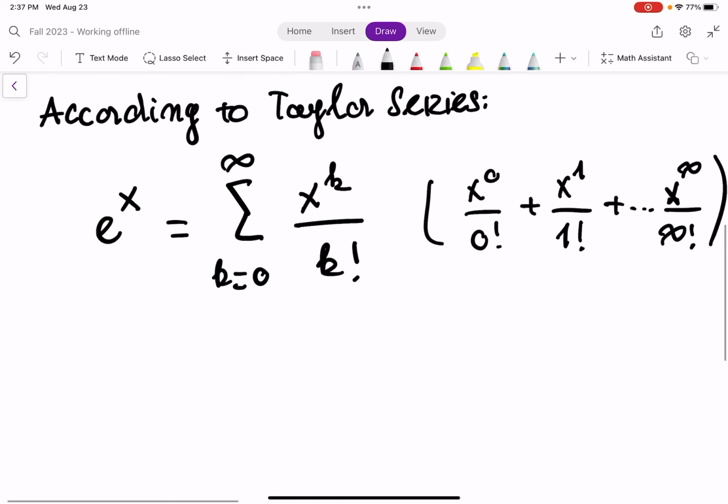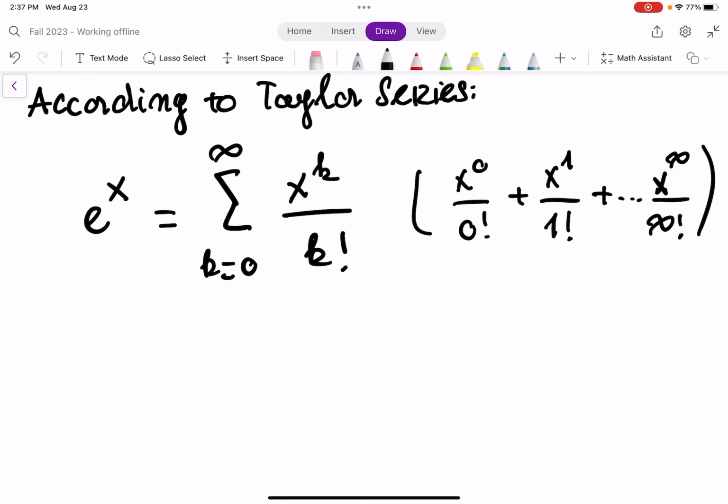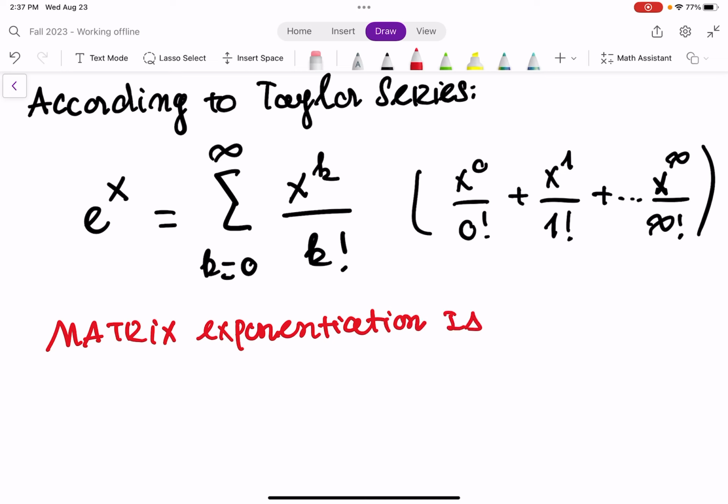So matrix exponentiation is built on the same motivation.